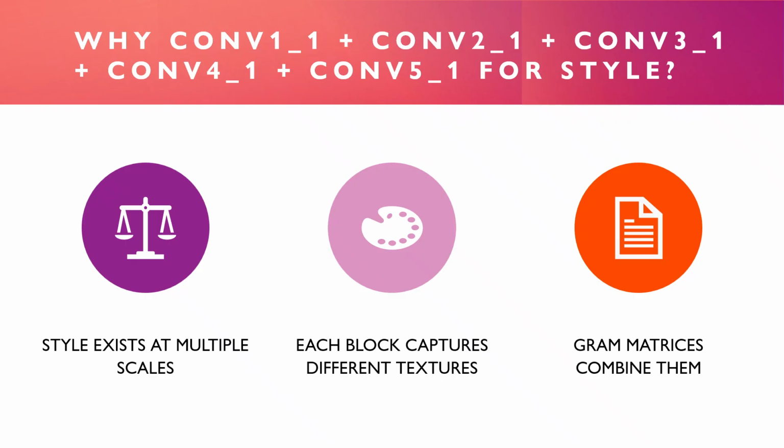So the authors take the first layer from each block, like layer 1-1 through layer 5-1, to capture style from small details all the way up to large scale strokes using a Gram matrix, which is a correlation between features within a layer. This multi-scale representation is what makes the result look so realistic and artistic.